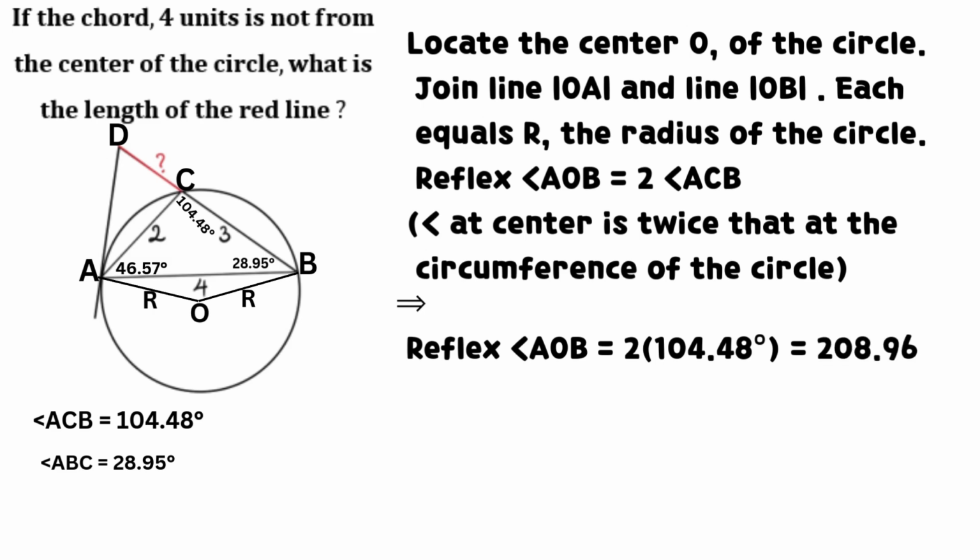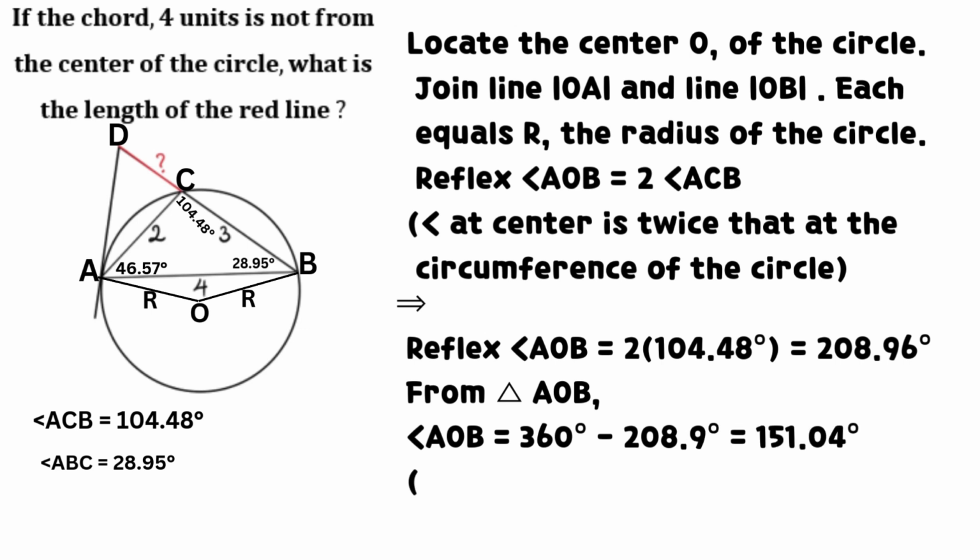Reflex angle AOB equals 2 times 104.48 degrees, which equals 208.96 degrees. From triangle AOB, angle AOB equals 360 degrees minus 208.96 degrees, which equals 151.04 degrees. It is because the sum of angles at a point equals 360 degrees.